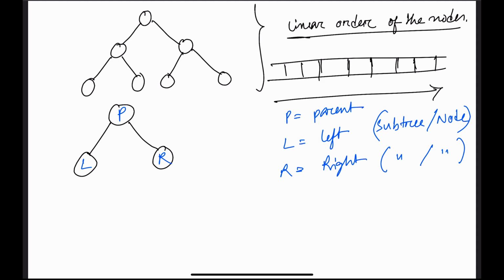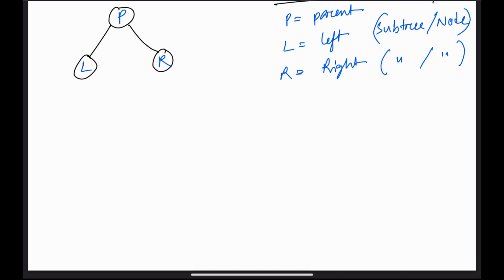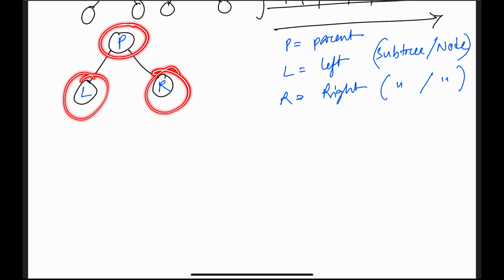Now obviously there are many ways, but how many ways are we going to have? If we think of a binary tree recursively, then obviously there are three main tasks for traversing: visiting the root node, which is the parent, and then left and then right.